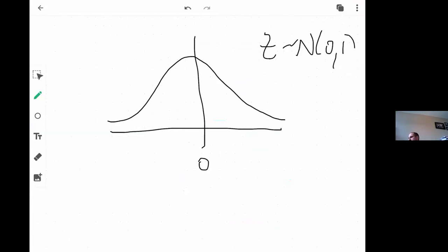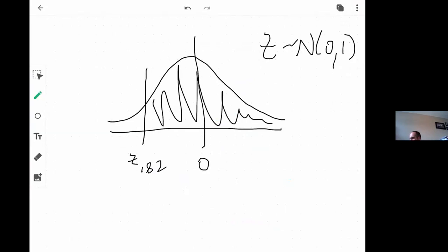Z sub 0.82 is going to be down here somewhere, because all of this area is going to be 82%. And from 0 onward, that's 50%, so that thing has got to be negative.